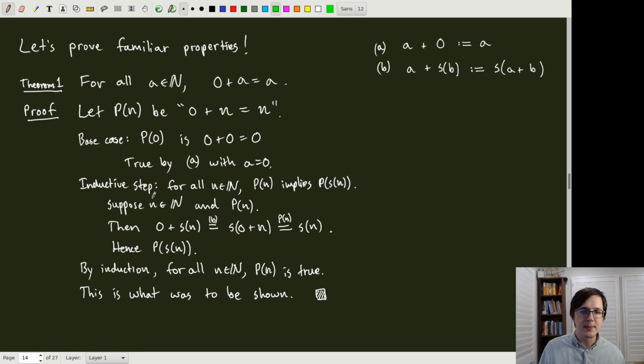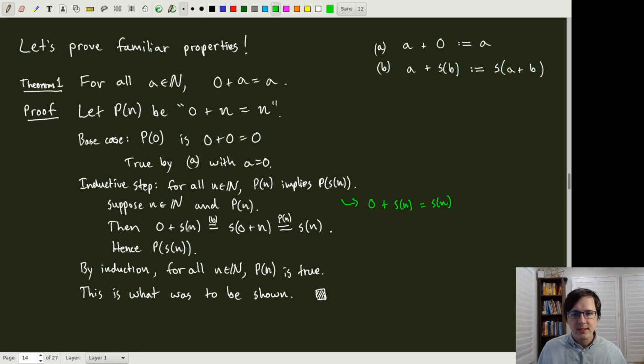Now to the inductive step, which is that for all n in the natural numbers, whenever P of n is true, then P of the successor of n is true. What we're trying to show is that 0 plus Sn equals Sn, just substituting in Sn for n. Suppose now that n is some arbitrary natural number and that P of n is true, because we're trying to show that for all n, P of n implies P of Sn.